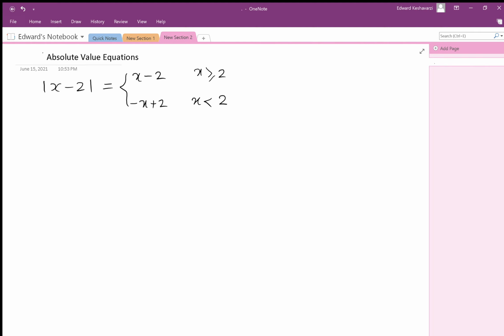Therefore, the absolute value of k in general is equal to either k or negative k.